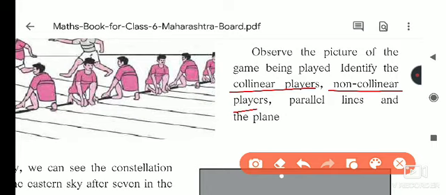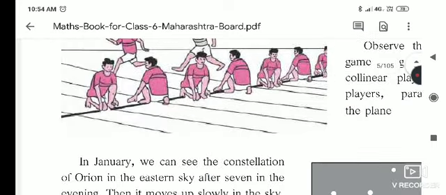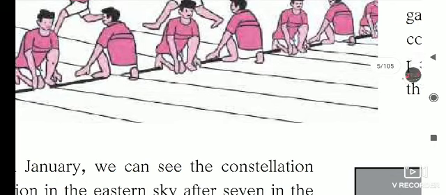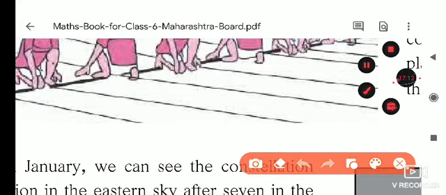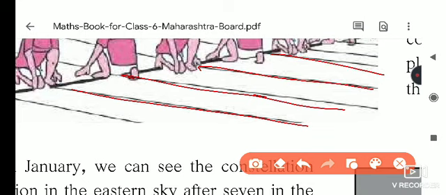First of all, we will enlarge this a little bit. So where are the parallel lines here? I think you have played this game. Which game is this? It is Kho-Kho. So these lines are the parallel lines. And intersecting lines means which? The boys who are sitting here, those two are the intersecting lines.